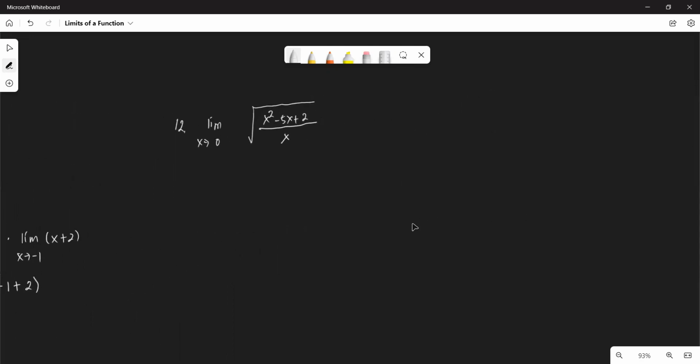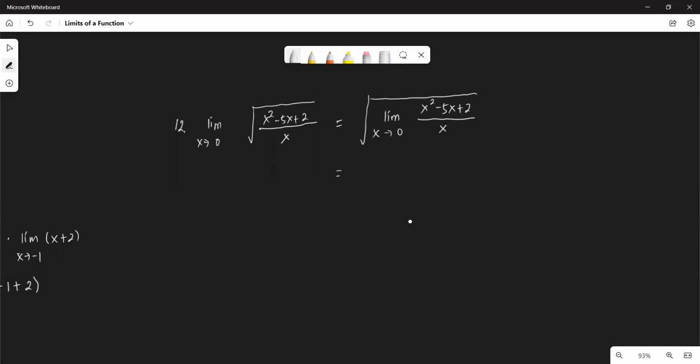So we need to first get the limit of whatever is written inside the radical sign, meaning the radicand, before we get to the extraction, meaning the square root.